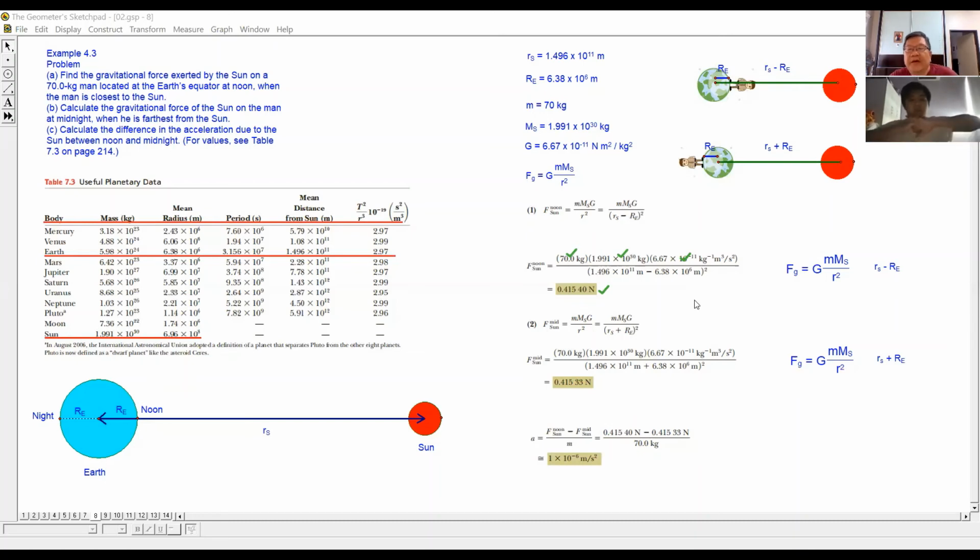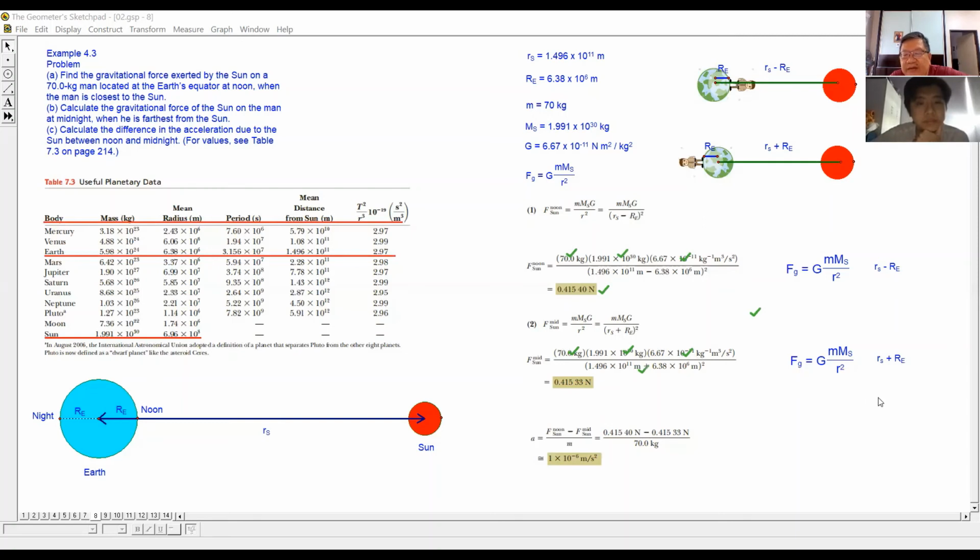Okay. So now we're going to look at night. At night, the mass of the man is the same. Mass of the sun is also the same. Universal gravitational constant is also the same. But the distance between the man and the sun is now plus the radius of the earth.